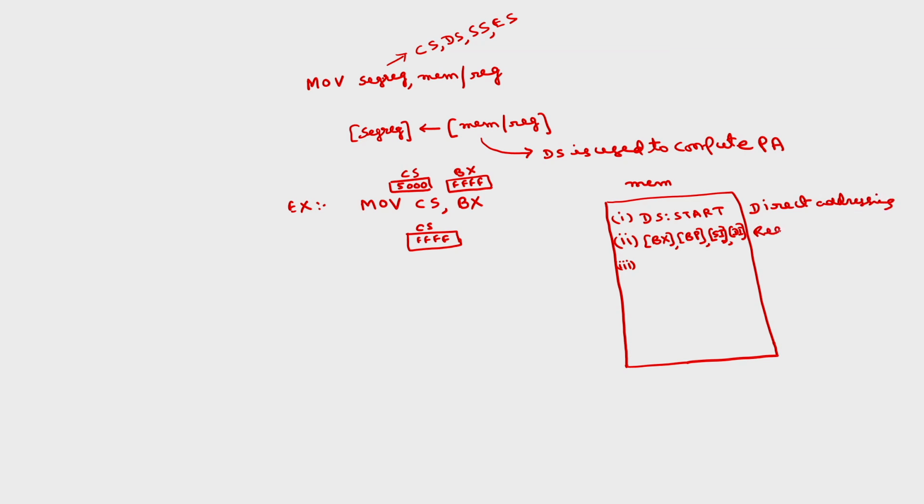This is direct addressing mode that we have already discussed in the last class. This is register indirect, and then we have based addressing mode. In this, it will be BX or BP plus some start value. This is called register based addressing mode.